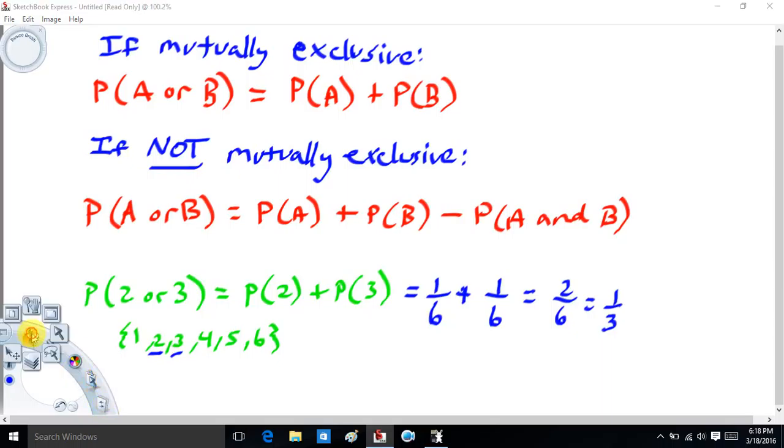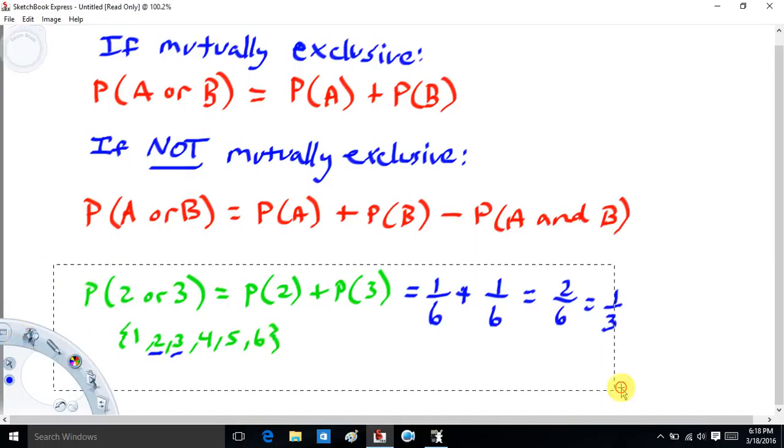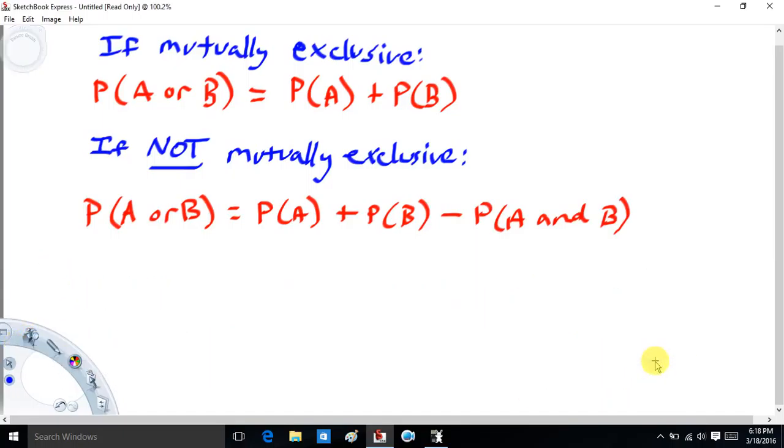Okay? So let's do another example. This time we want to find the probability of rolling an even or a multiple of 3. Let's look at the sample space.